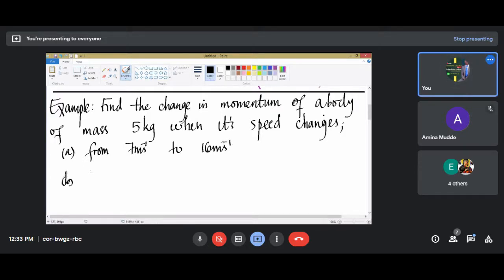Part B, when its speed changes from 10 meters per second to 3 meters per second.